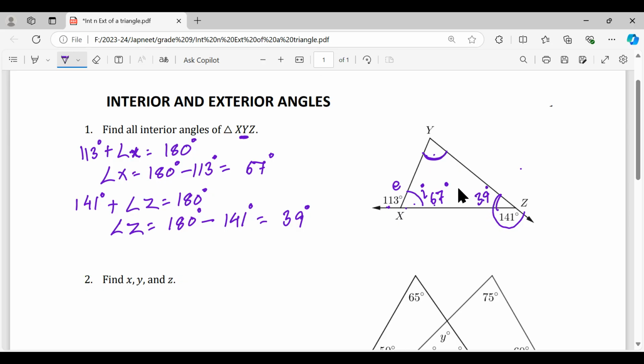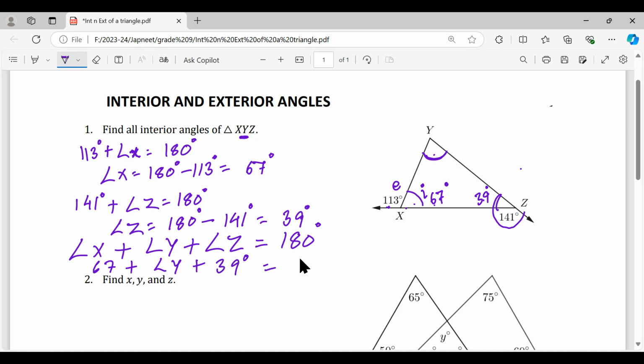So now you know two angles of the triangle. So you already know the sum of all the angles of a triangle is 180 degrees. It means that angle x plus angle y plus angle z equals 180 degrees. So angle x is nothing but 67, angle y we need to figure out, and angle z is 39 degrees, which is equal to 180 degrees.